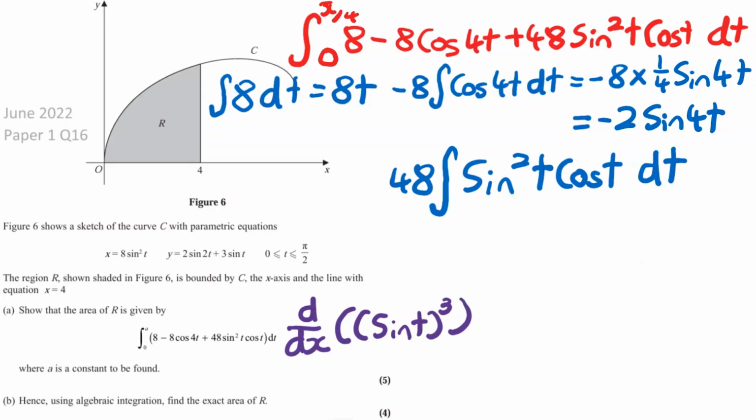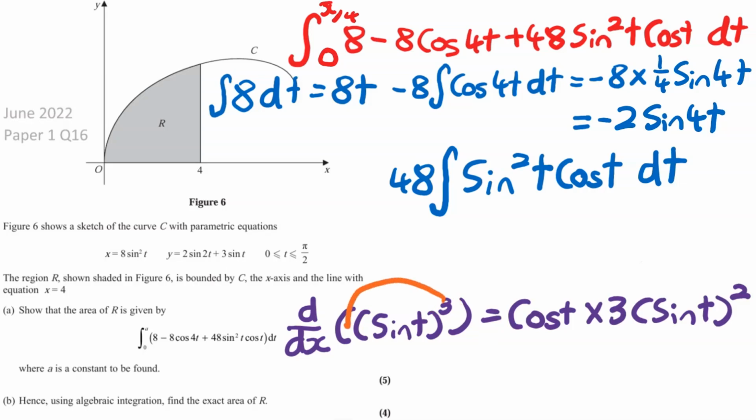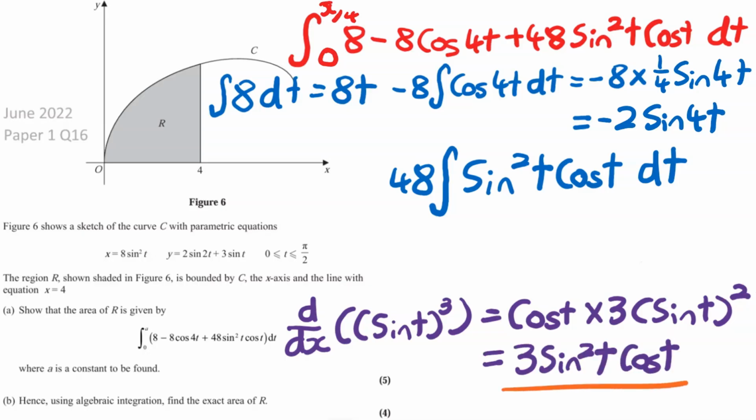When you differentiate sin, you get cos, so this is cos t. Then the outer function differentiated, this is power of 3 differentiated. When you differentiate a power of 3, the 3 will come down as a coefficient. You don't touch the inner function when you're differentiating the outer function, so this is still sin t, and now it's to the power of 2 instead. So this is going to be 3 sin squared t cos t.